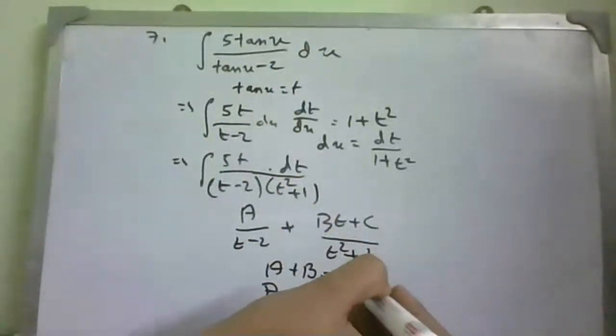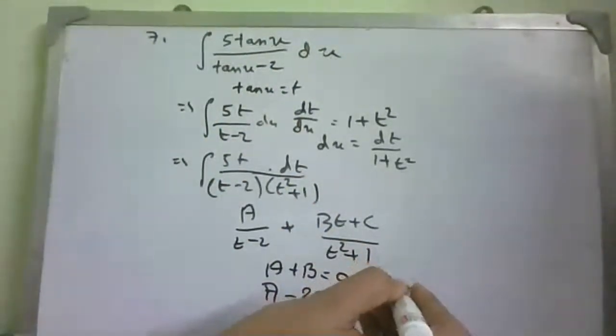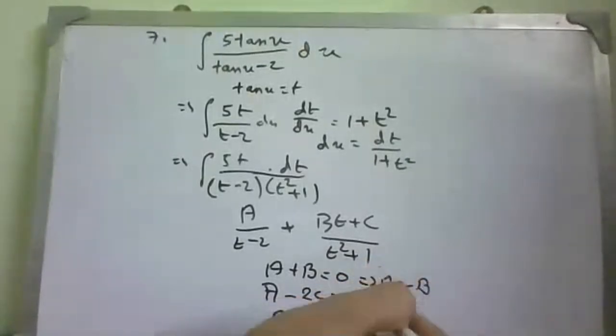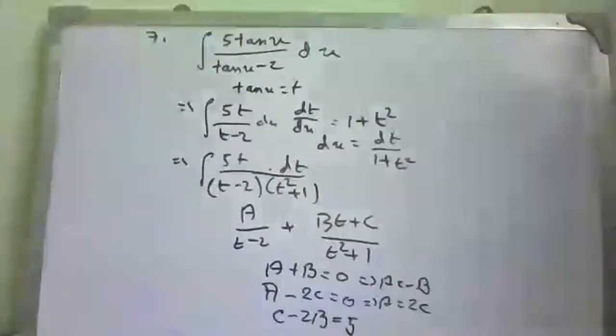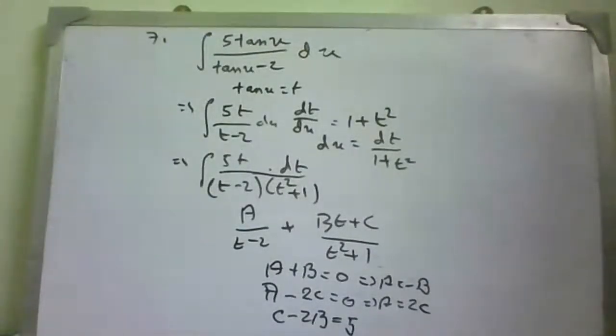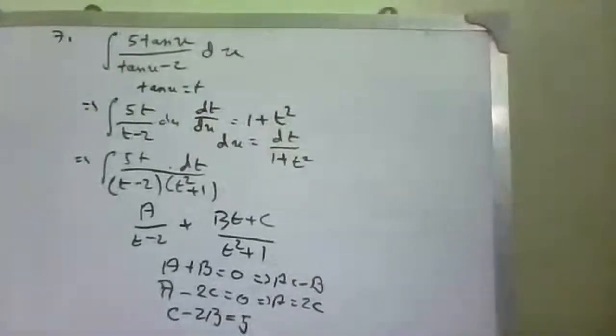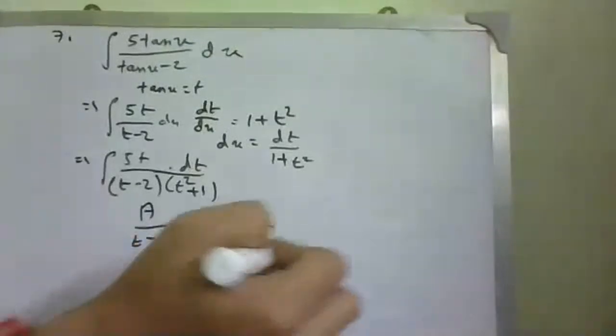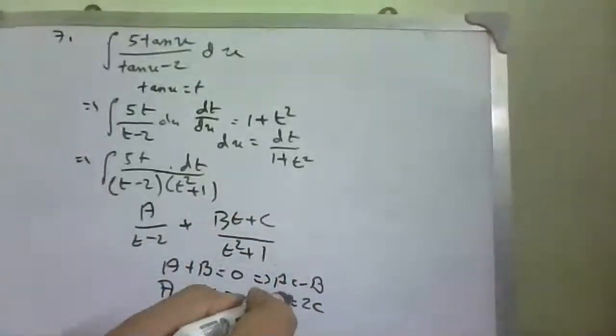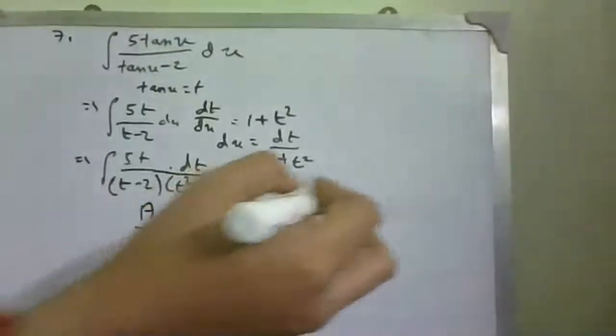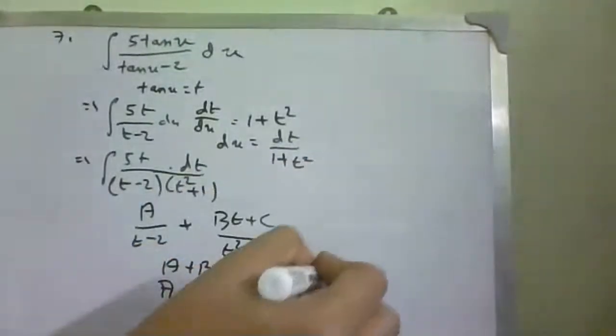Now it is quite understandable that a is basically minus b and a is 2c. Now we can plug in everything over here.